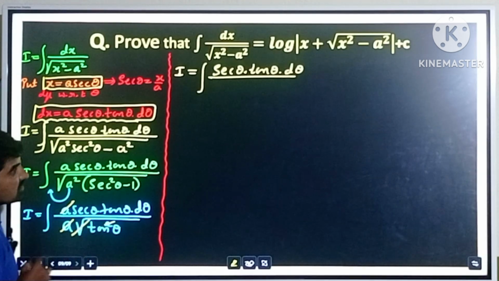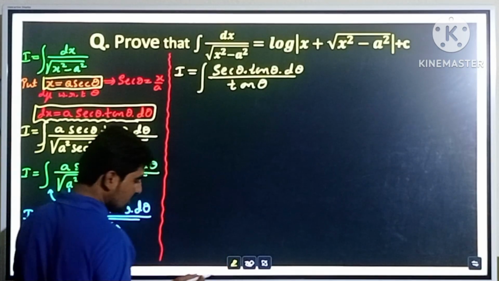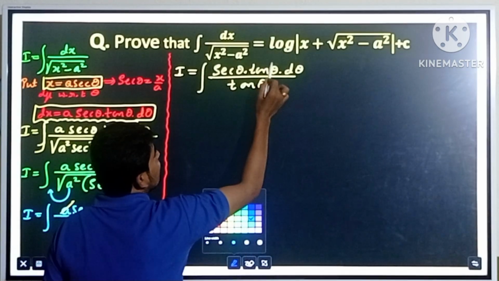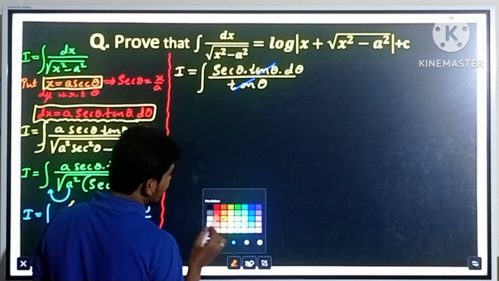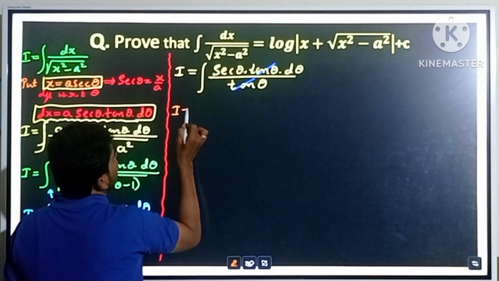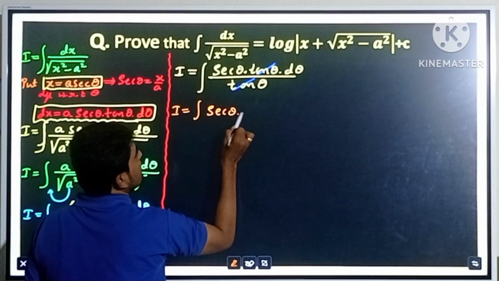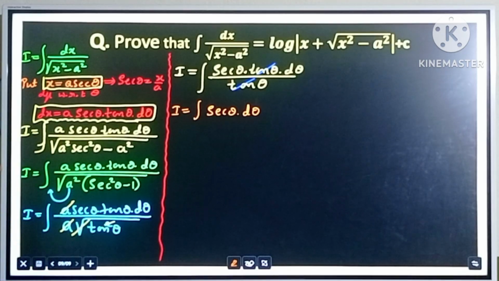Square root and square cancel, remaining tan theta. Again, tan theta exists in the numerator and denominator, so I can cancel tan theta. After cancelling, we have I is equal to the integration of secant theta d theta. I hope all of you are understanding.